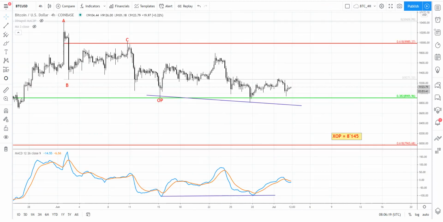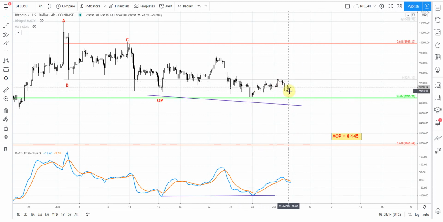Dropping below the head in turn leads us to the breaking of the major 30% support area, dropping this line, and we expect acceleration in this case right to the next XOP target, 81.45. So that is clear. And the head and shoulders pattern on the hourly chart is the background, the core of all the trading scenarios that we have.